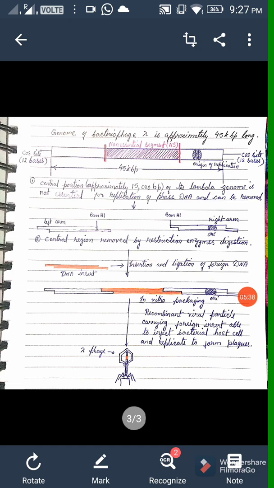So just remember that the size of this whole DNA, the lambda DNA with our gene of interest, this orange one, should not be more than 52 kb, and it should not be less than 38 kb, so that it can be packaged into the phage particle again. So this is the whole process of how we can use this phage particle as a vector.